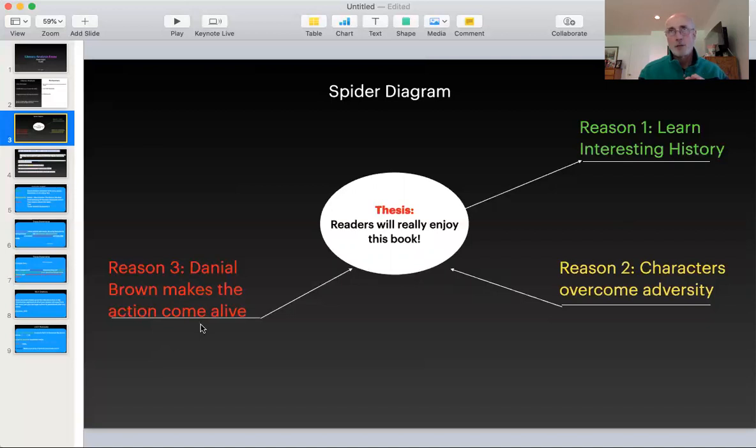So sometimes in a literary analysis essay, you take a sentence or 2 or 3 to explain what happened in the story. You're in this sense plot summarizing, but only for the purpose of building your case that it had interesting history or interesting characters or great writing, okay? So hopefully that'll help. Yes, you might do a little bit of plot summarizing, but only in the context of proving one of these 3 points. Uno, dos, tres. Okay. All right.